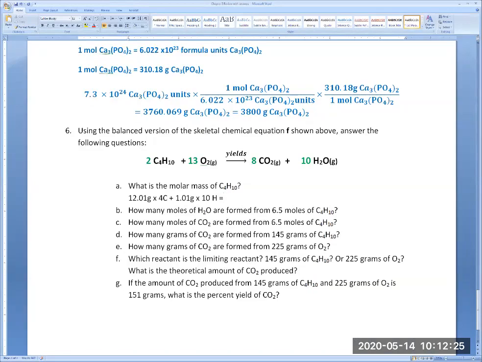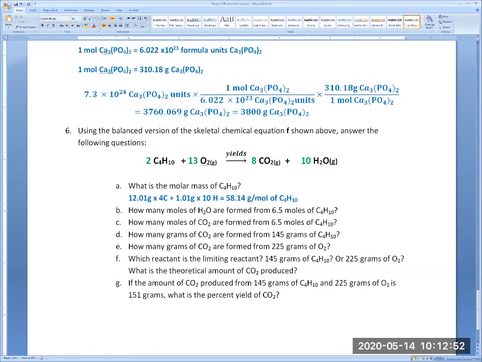And my calculator answer is 58.14, and it's grams per mole of, I have to specify what it is, C4H10. Let me make this a subscript and make that blue so we see it better. Okay, so that's the molar mass of C4H10.